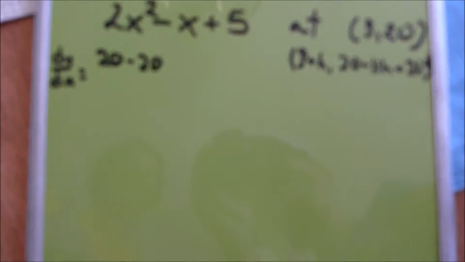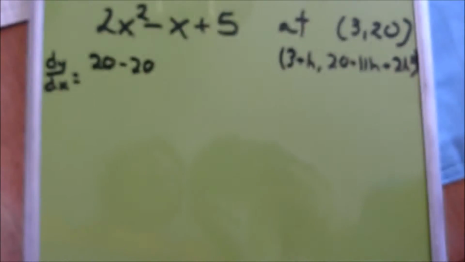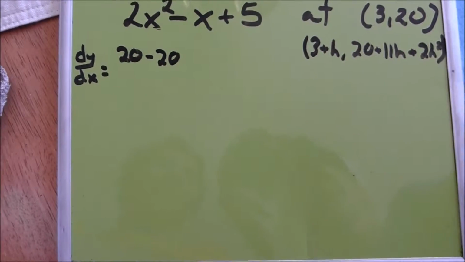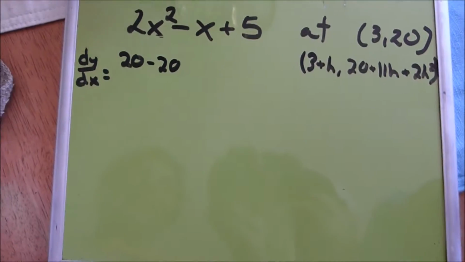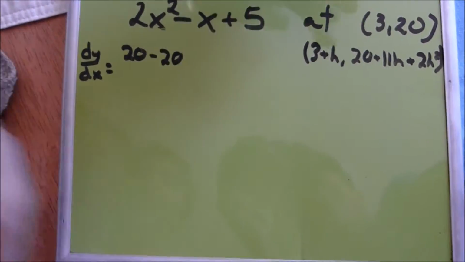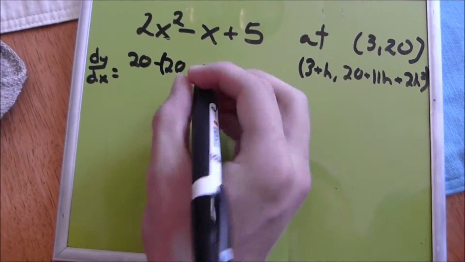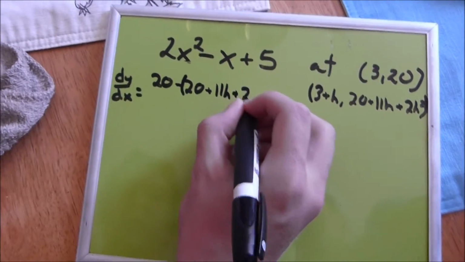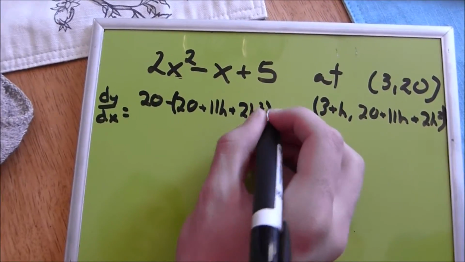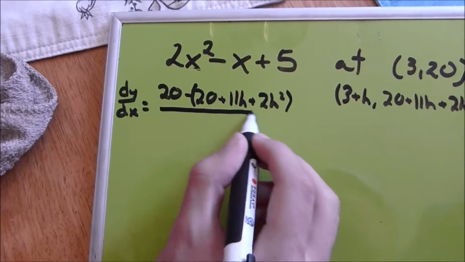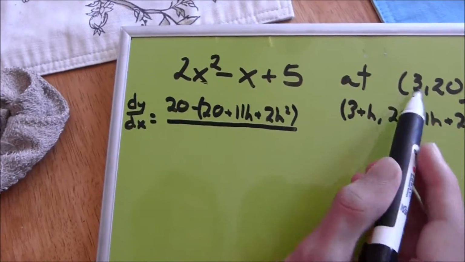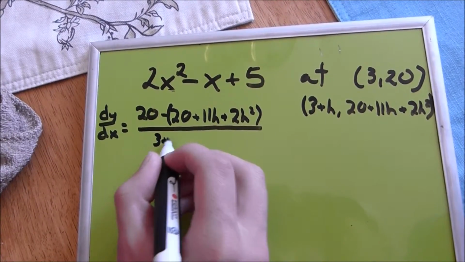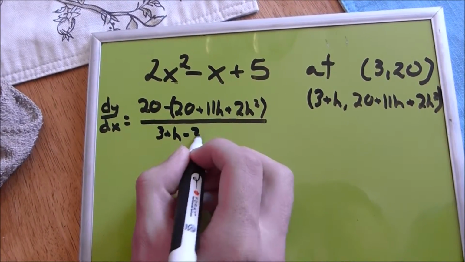Is it going to be minus 11h or plus 11h? Because remember, you're subtracting this whole thing, in parentheses. Since it's negative, it's going to be negative 20, plus 11h plus 2h squared, over our difference of x's, which is 3 plus h minus 3.